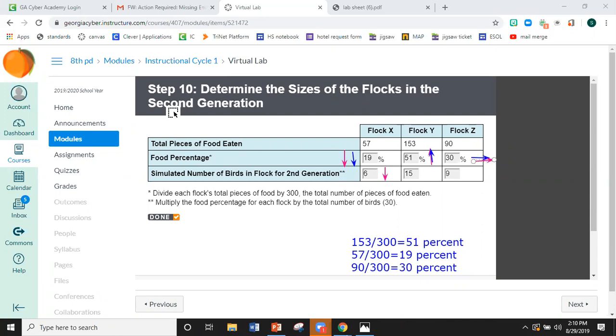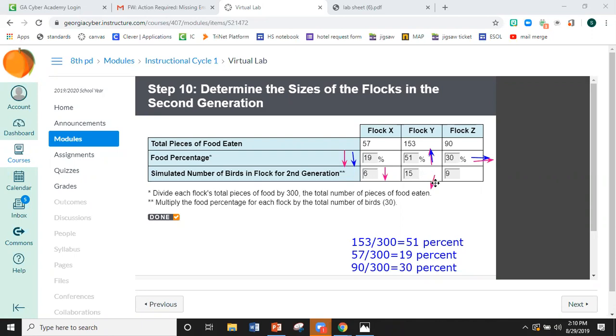So let's look at the numbers of the second generation. 6, 15, and 9. Flock X went from 10 to 6, so they decreased a whole bunch. Flock Z went from 10 to 9, so they stayed about the same. Changed a little bit, down by 1, but overall not a bad number.